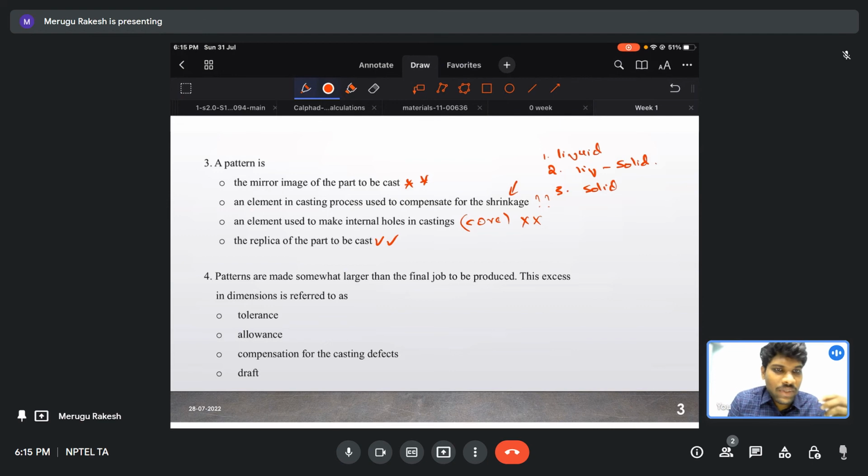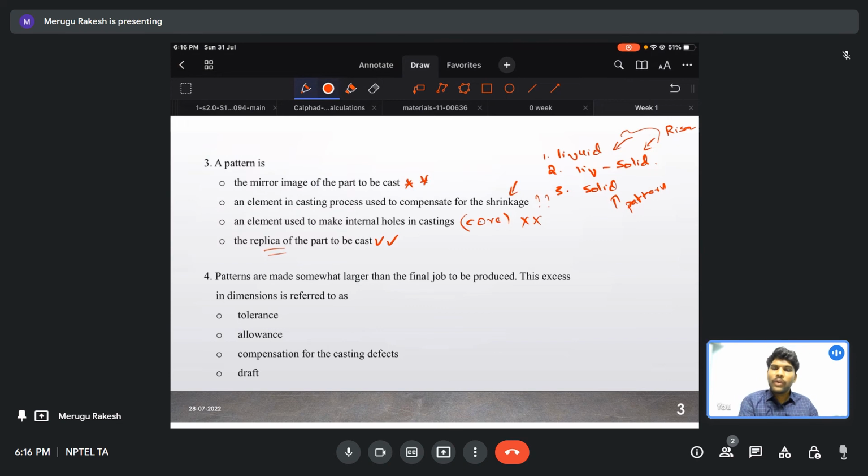The liquid and liquid to solid shrinkage can be compensated using a riser. Only the solid shrinkage, which is very small, is compensated using the pattern. So this option is not specific about which shrinkage is compensated, and we cannot take it as the correct option. So option number 4 is appropriate for this question.